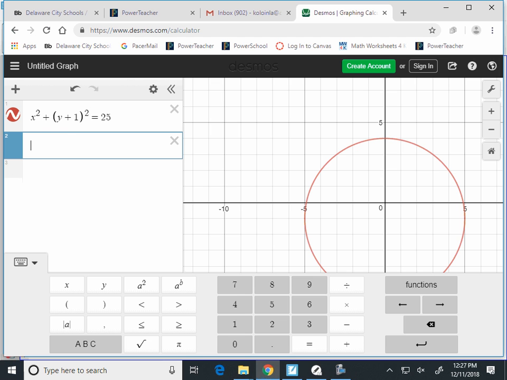So then you click below and you can type in that point. You have to put points in parentheses. Square root of 2, click out of it or arrow out, comma, 1. And when you plot that point, where is it sitting? Inside, outside, or on? Inside. Your answer would be inside.